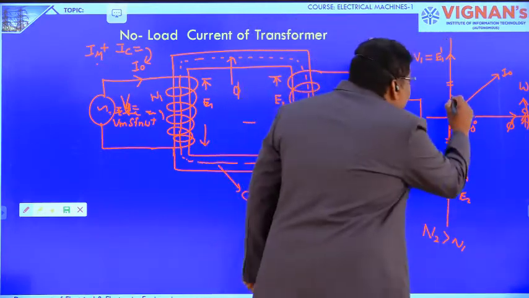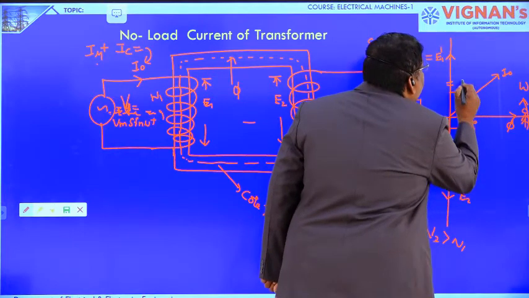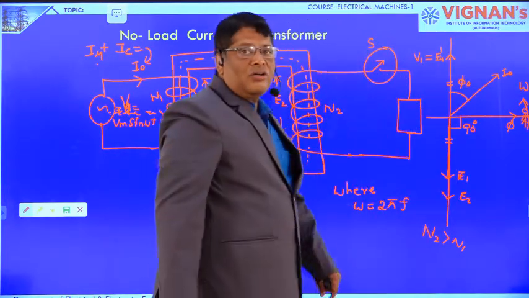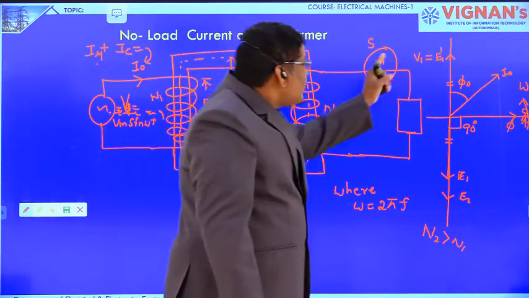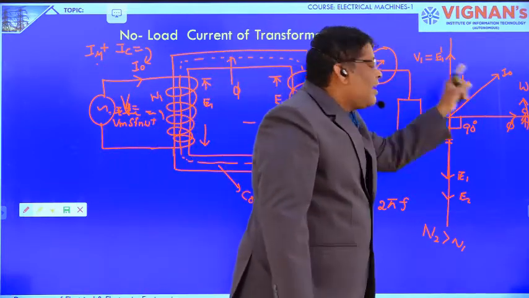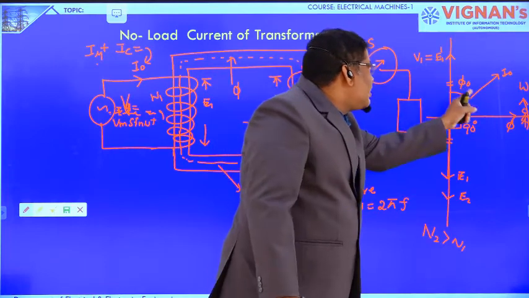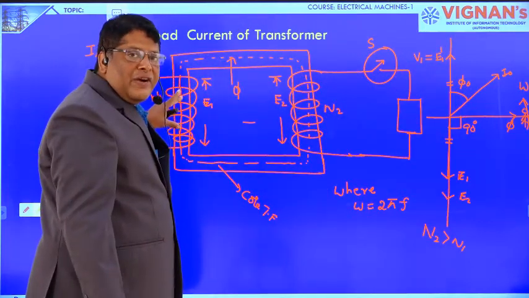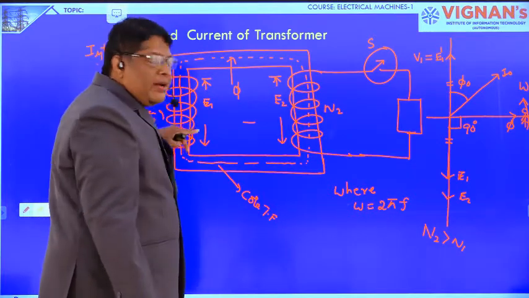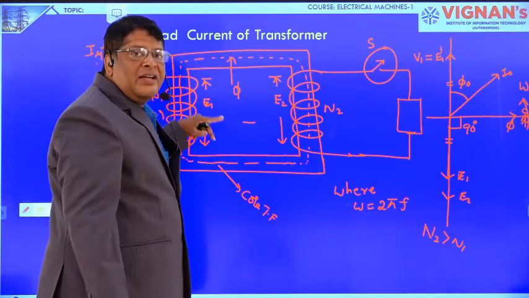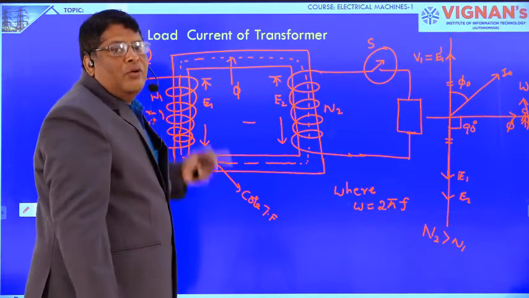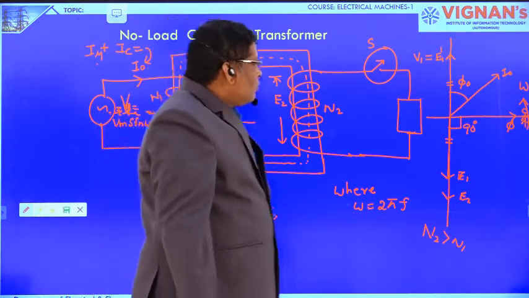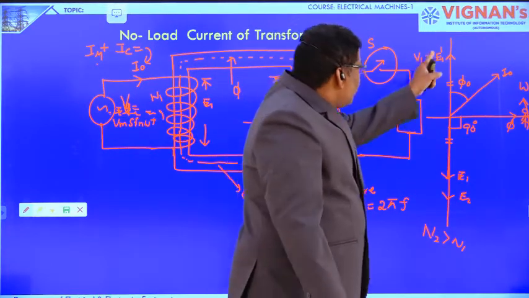This angle is the no load angle phi naught, the angle between V1 and I0. Why does this current lag V1? Because it is inductive in nature. Definitely the current flowing through the primary winding will lag the supply voltage V1.